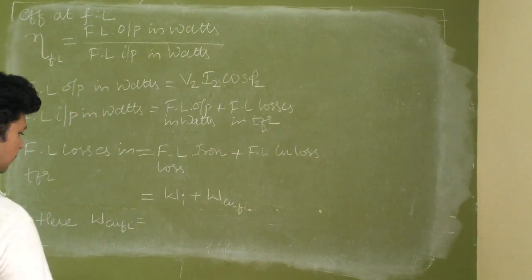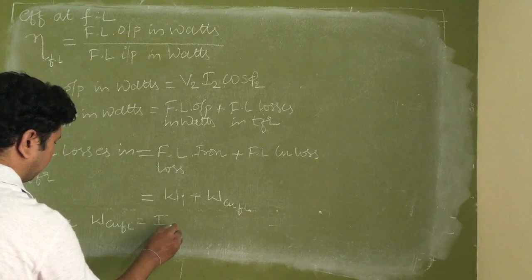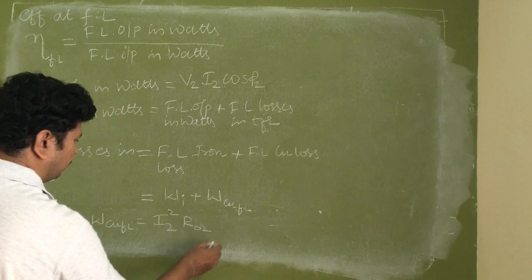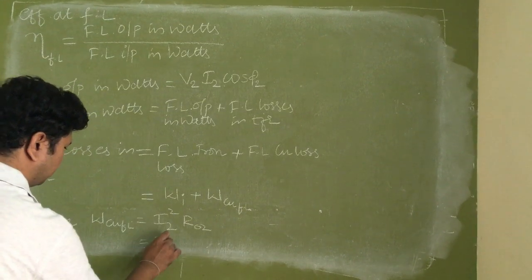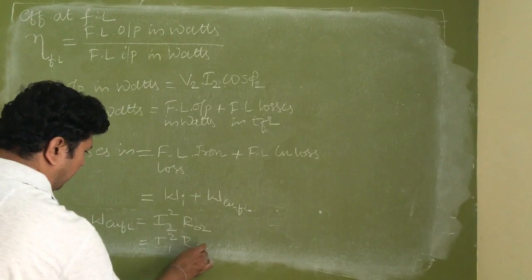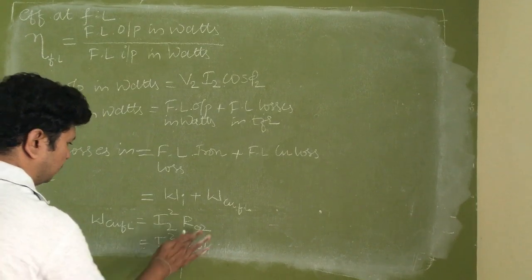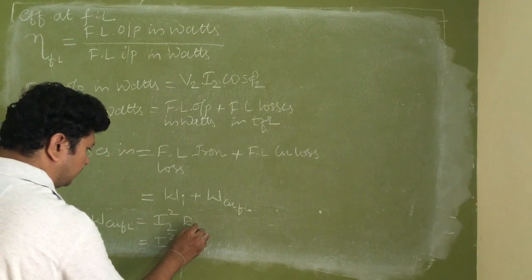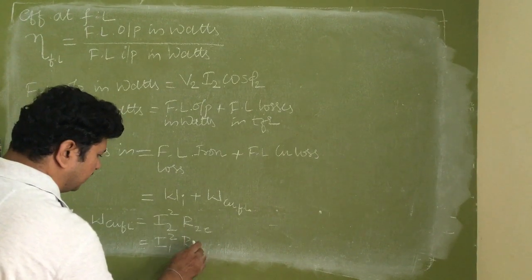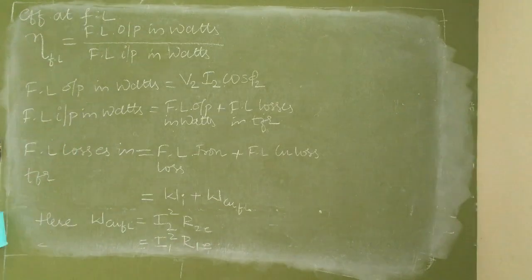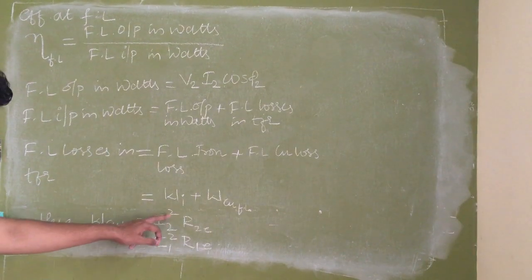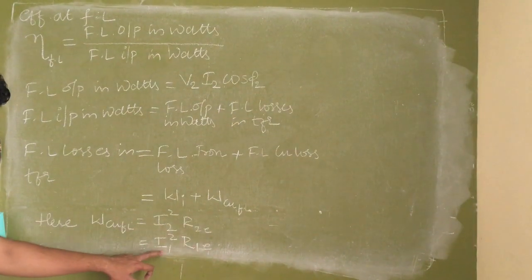WCU full load is equal to, let us take I2 square R02 or I1 square R01, or if you are getting confused, R2E, R1E. Okay, if I take I2 square, it should be R2E. If I take I1 square, it should be R1E.